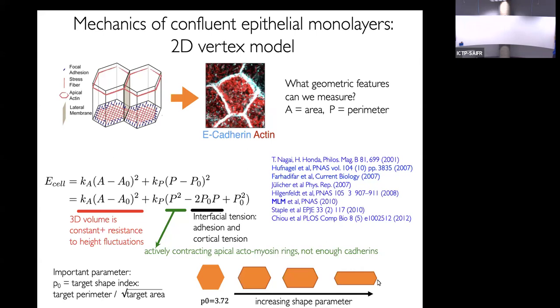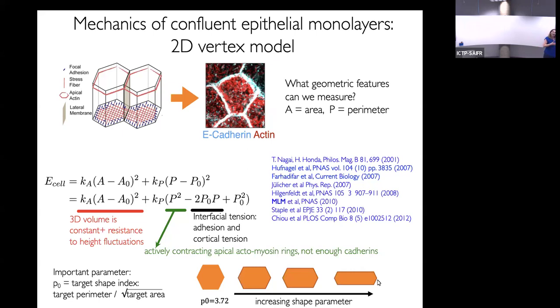So this is sort of chemical, features of the expression of biomolecules, that give a P0, a perimeter for each cell. Also in these cell types, the ion channels aren't so active, at least at this stage, and so the volume is roughly conserved.